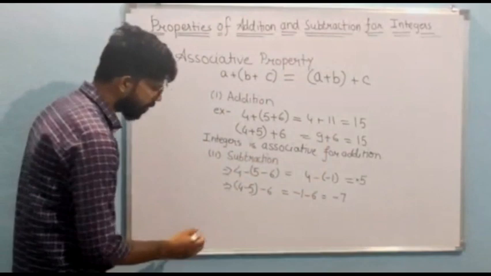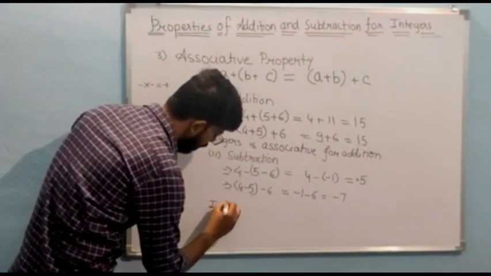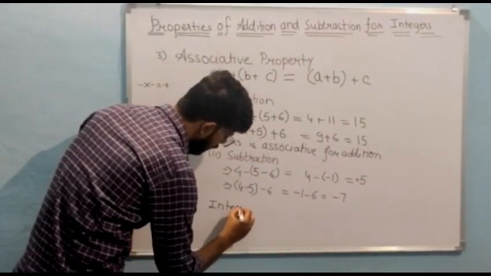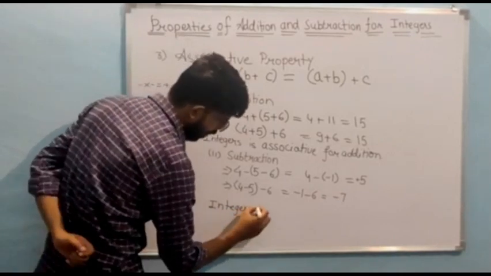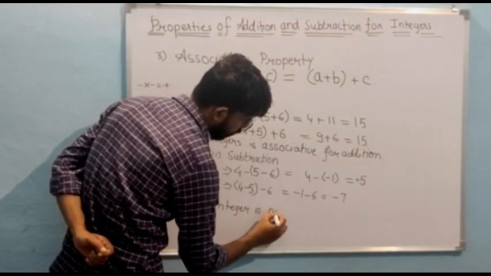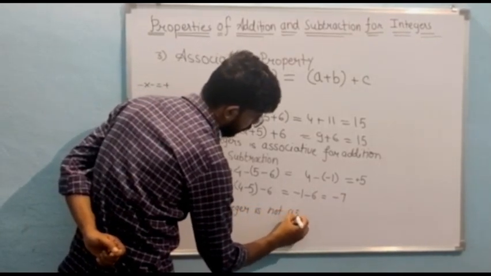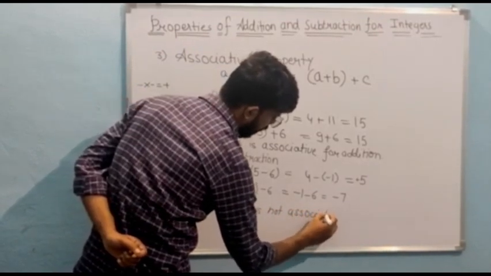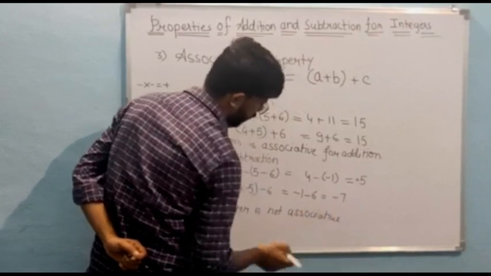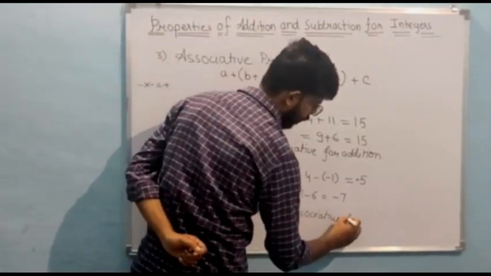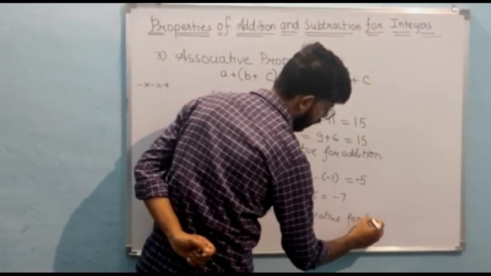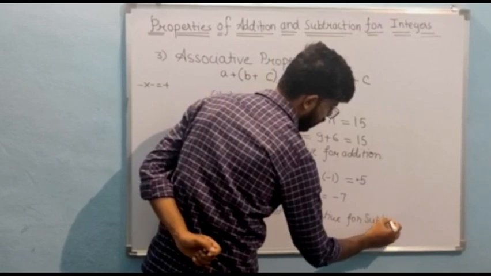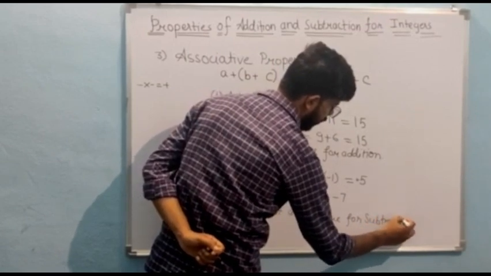So we can say that integers are not associative for subtraction.